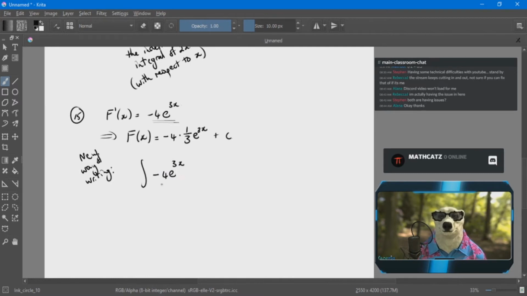I'm looking for what is the original that would give me that. And we call that the indefinite integral, or antiderivative, of this, with x as my variable, is exactly the same thing. Literally nothing has changed other than the appearance of my answer.